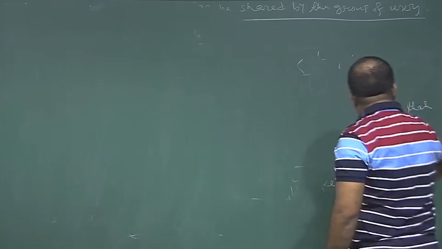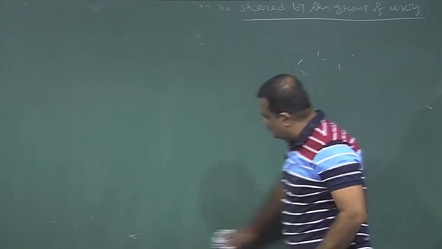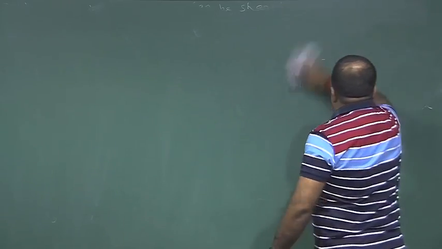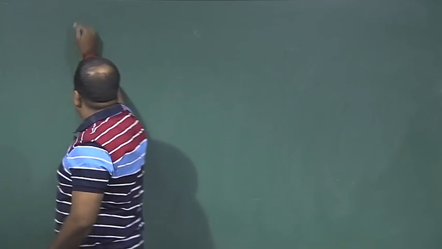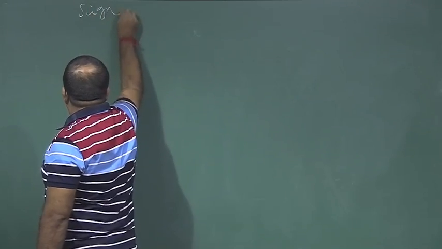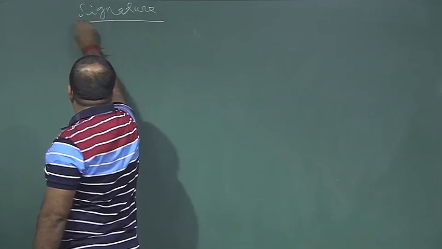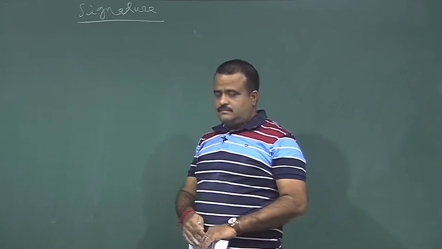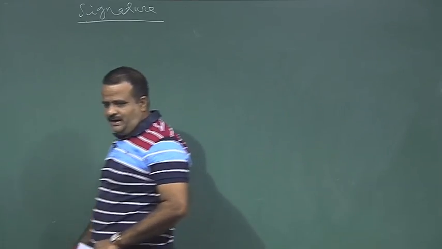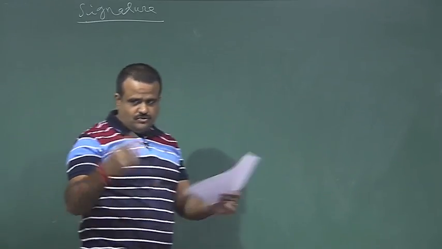The message could be any length, but we have to compress it. This is the signature part, done by the signer. The verification can be done by any other user who belongs to that group.